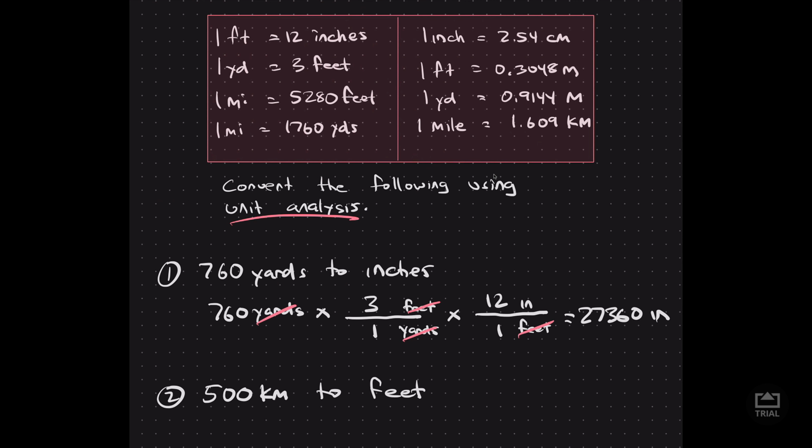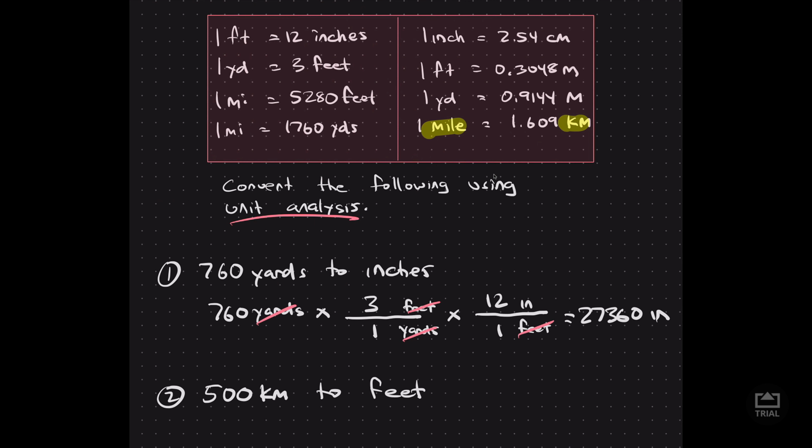So now we're going between metric and imperial, and all I need to do is go over to my chart and say, well, how am I going to get from kilometers to feet? So here's kilometers right here. Okay, and there are no other ones. What's that going to take me to? So it's going to be able to get me to miles, but I'm not trying to get to miles. I'm trying to get to feet.